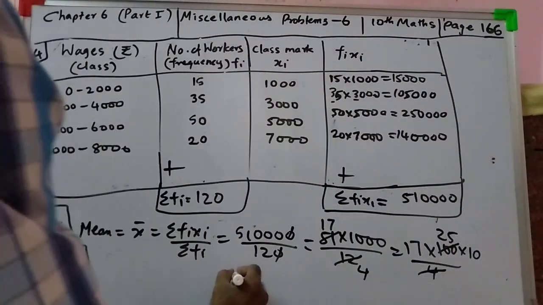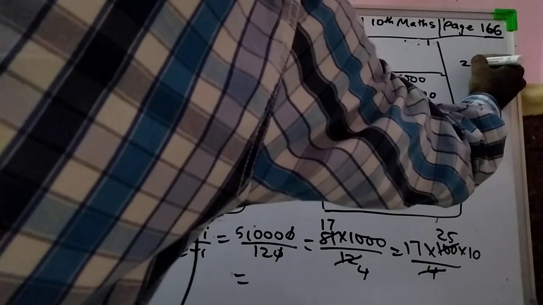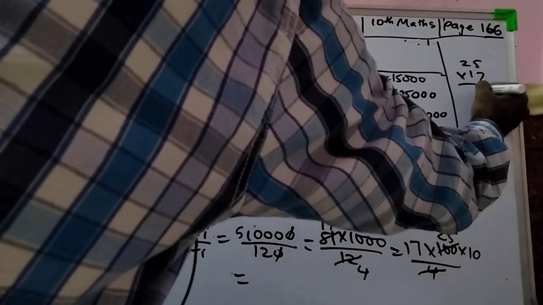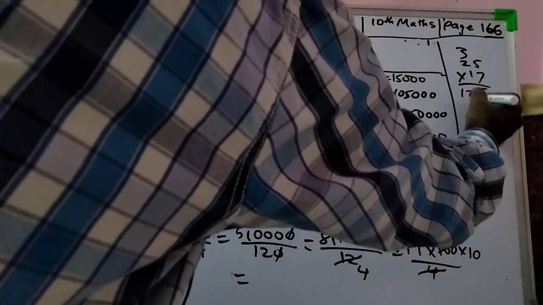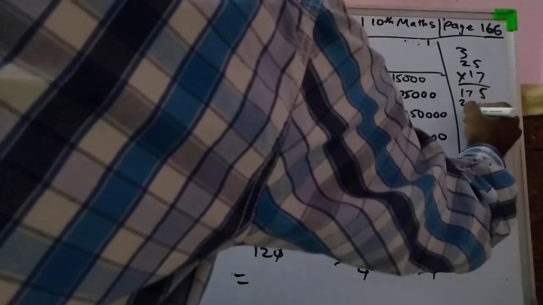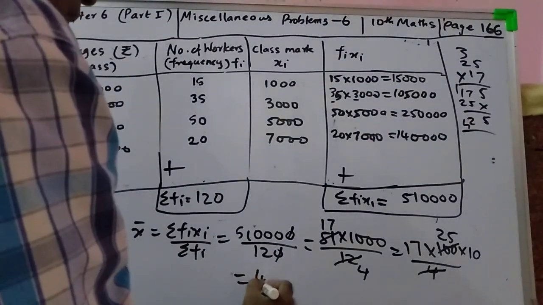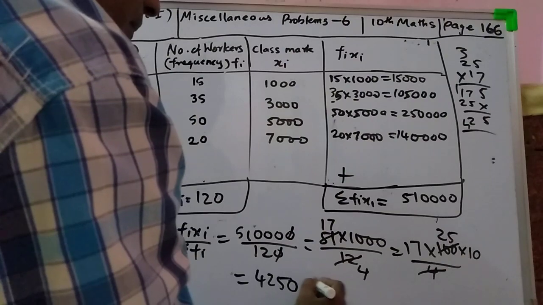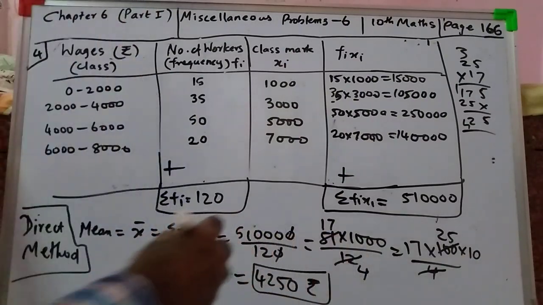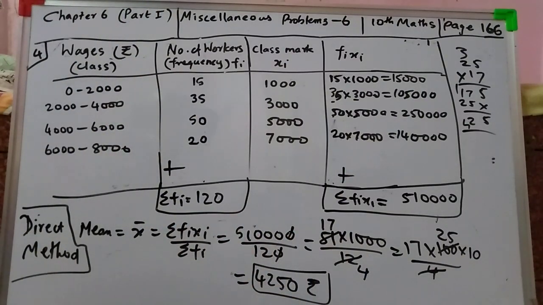Calculate 25 into 17. So you get 4, 2, 5 and 1 zero is remaining. This is the answer for this. I hope you got this. Next we'll do the next problem.